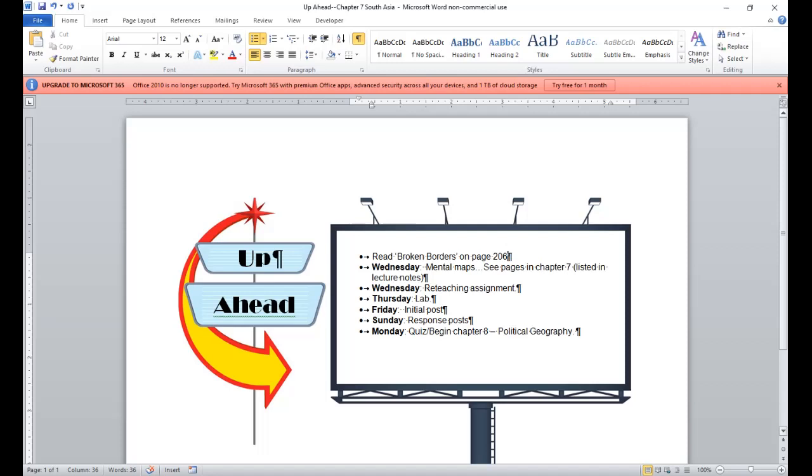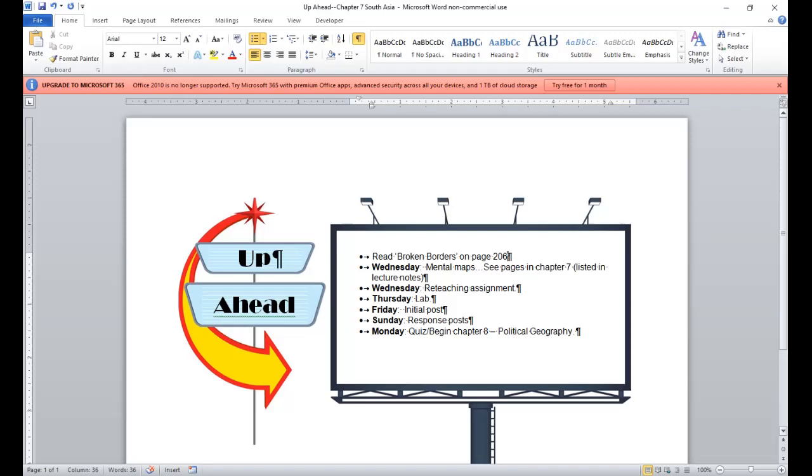What I want you to notice is that with a mental map, psychological distance, what's going to be on that map are the countries or states either close to you or that you're most familiar with. And it's amazing when folks do the United States, what states are always on there. It's never failed that there are a few states that are always on there. And I'm not talking about Pennsylvania, right?